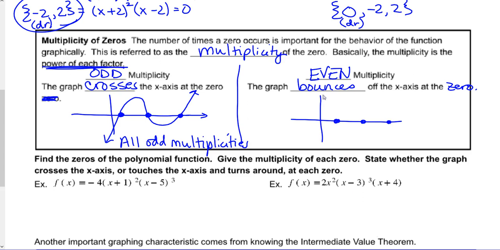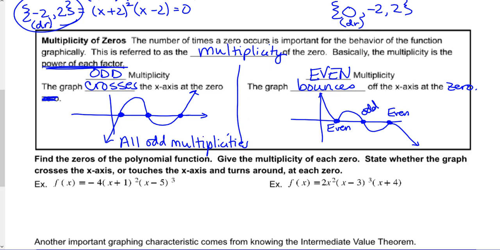And here, I'm going to come from here, come through and bounce. I'm going to cross through on this one, and then I'm going to bounce at this one, okay? This one is an even multiplicity because it comes through and bounces off. And because this one crosses through the axis, this is actually an odd multiplicity. Okay, so make sure that you recognize that.